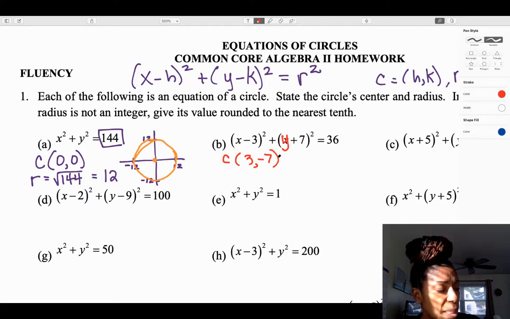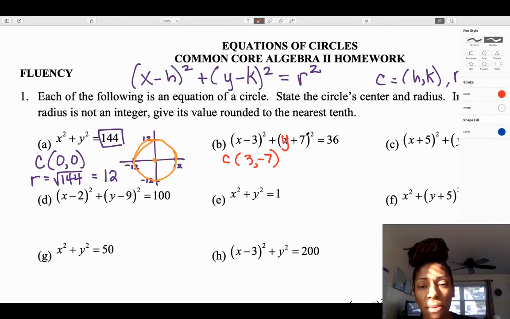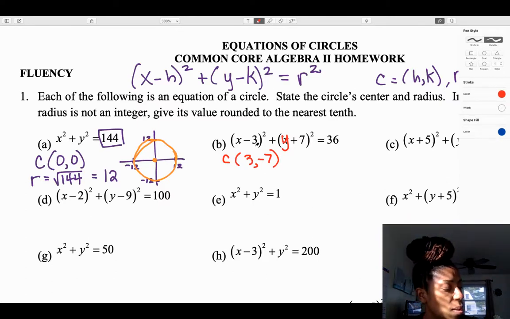It's negative because y minus negative 7 would be y plus 7. So I know that the k is always the opposite sign. And the radius is the square root of 36, which is 6.